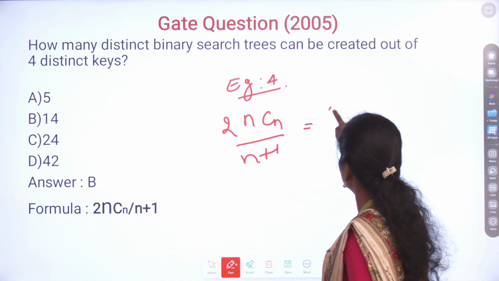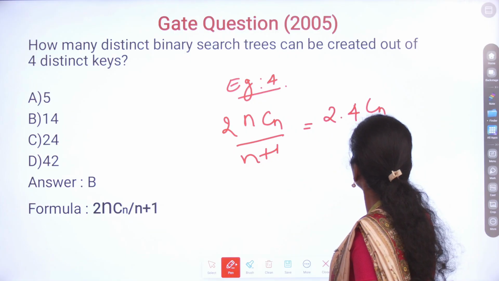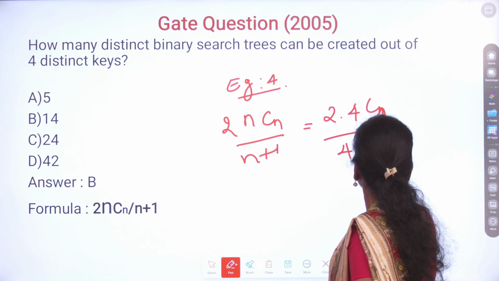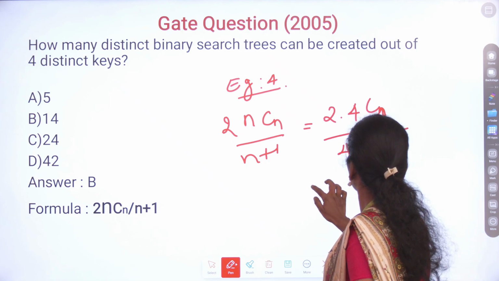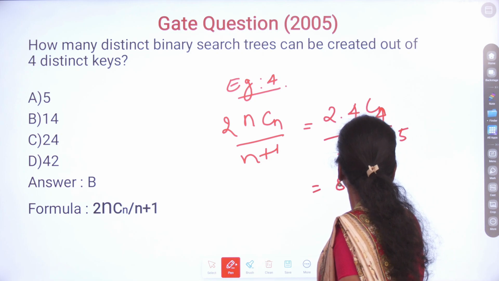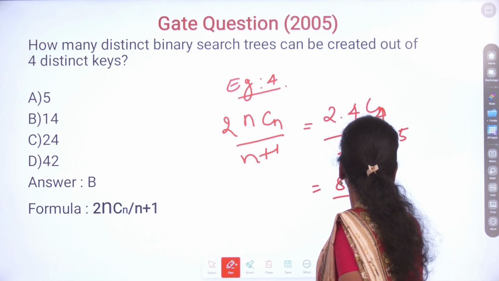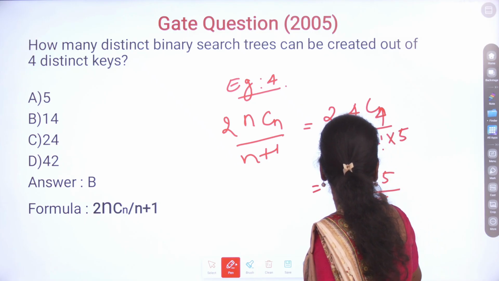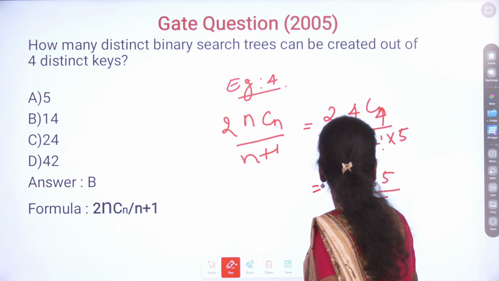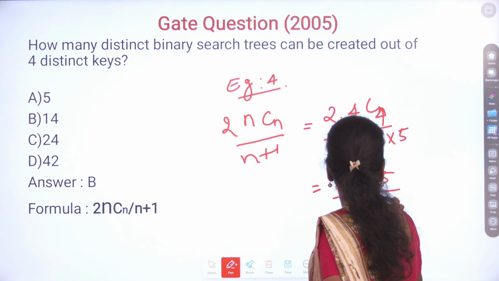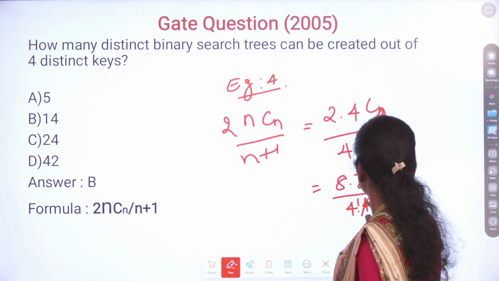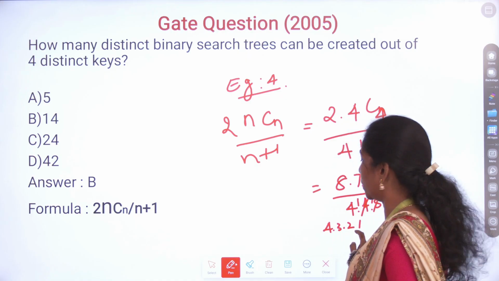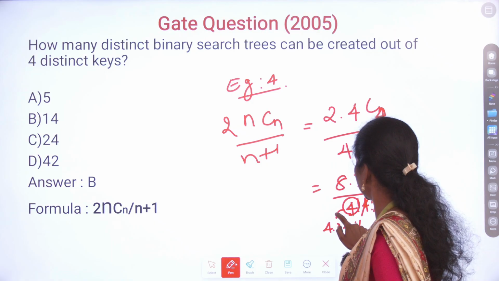We are applying this formula. 2 into 4C4 by... okay, these get cancelled, and again 4 into 3 into 2 into 1, so this can be replaced like this.